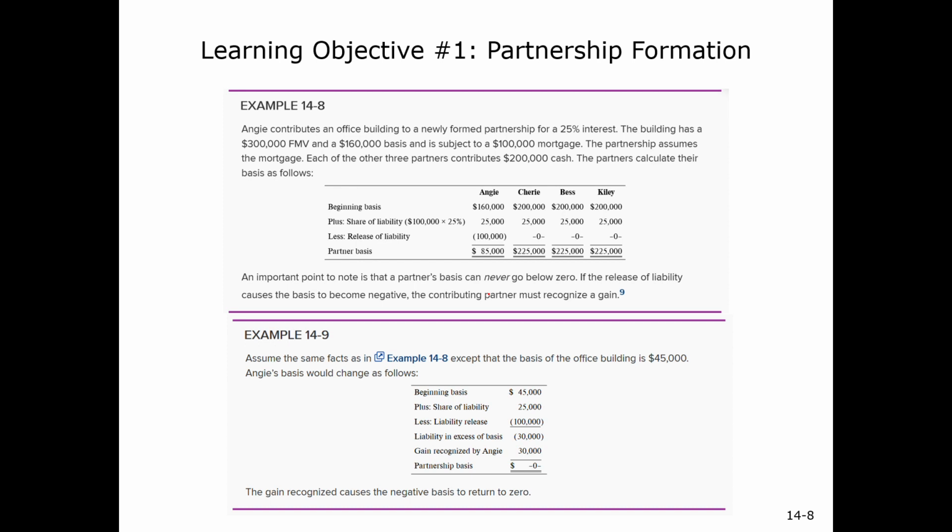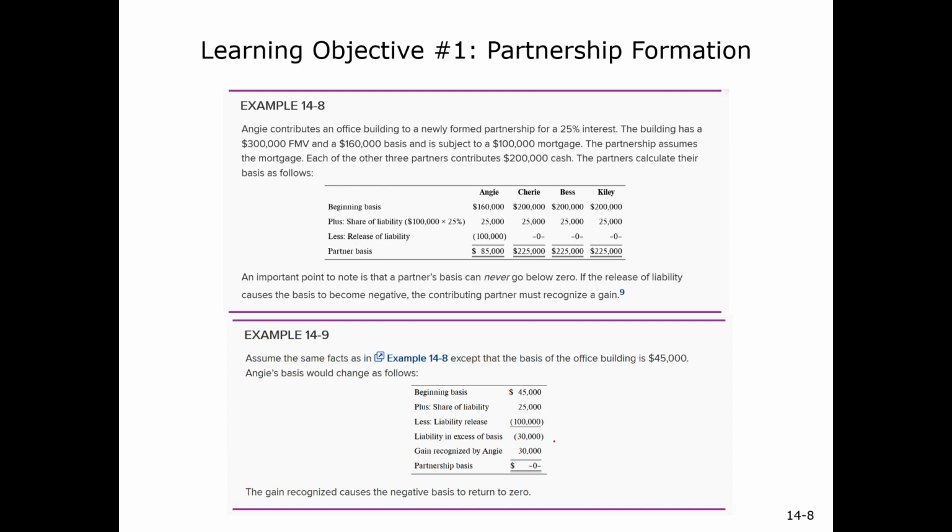Now, in doing these calculations, if we look at the next example, all the facts remain the same, except that the basis of the building is now $45,000. So we add 1/4 of the $100,000 mortgage.